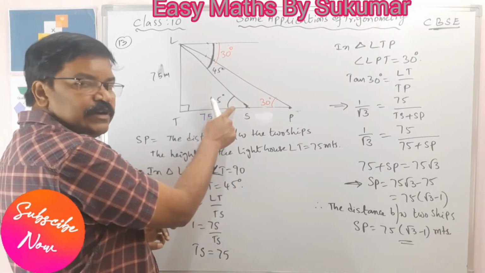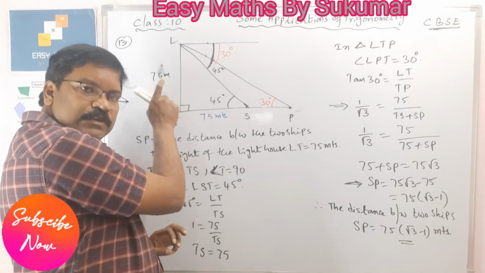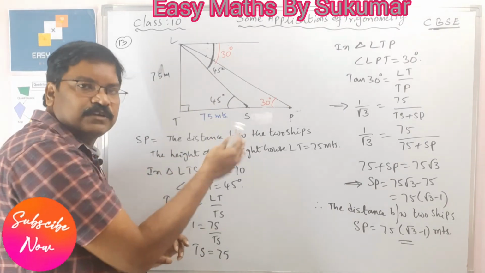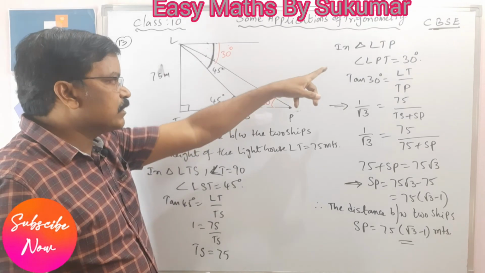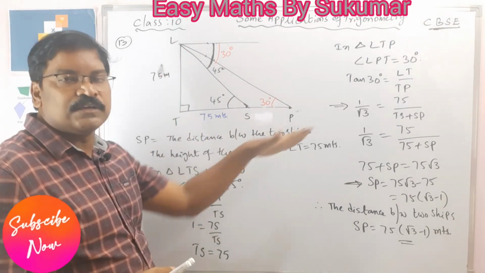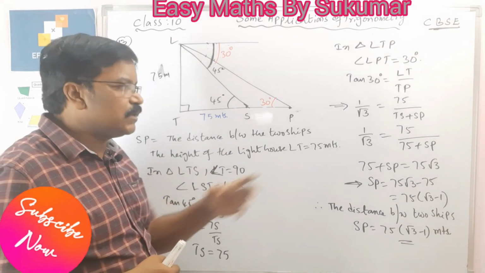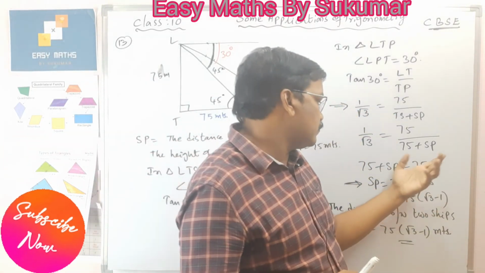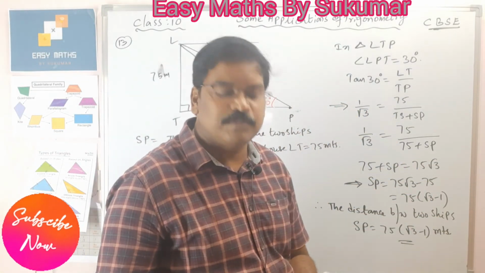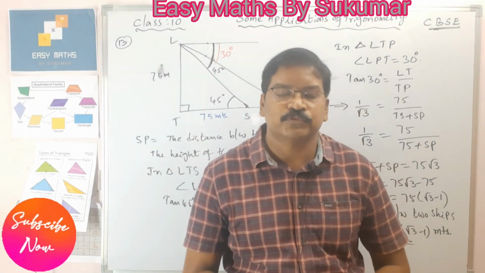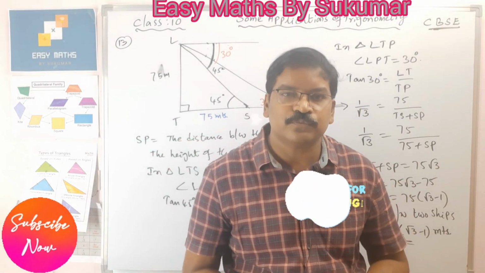This 45 degrees means these two sides are equal. If it is 75, this is also 75. Next I am taking triangle LTP, that is tan 30, opposite side by adjacent side, that is TP. From this I find SP, the distance between the two ships.